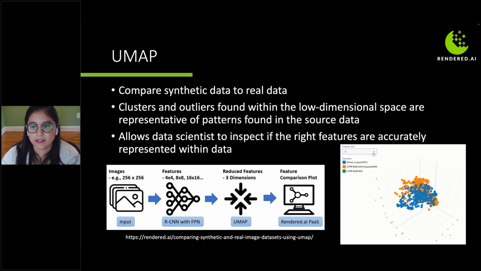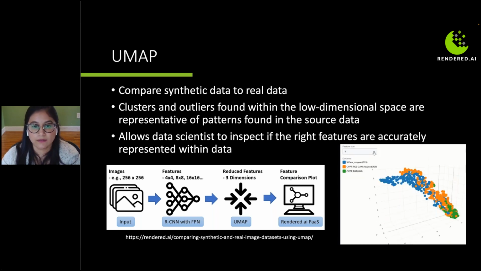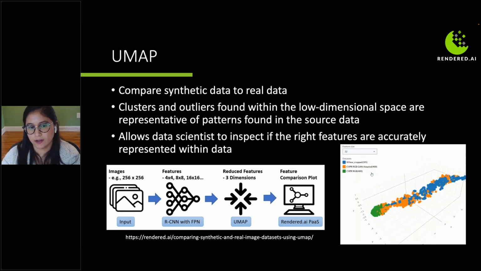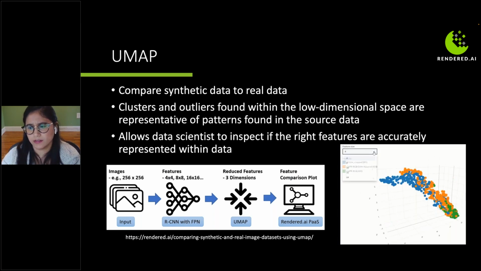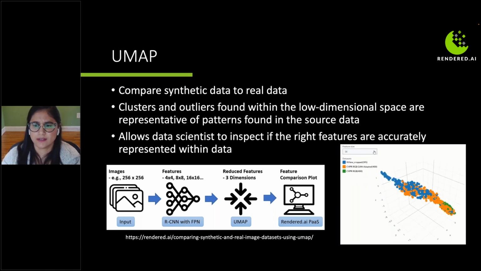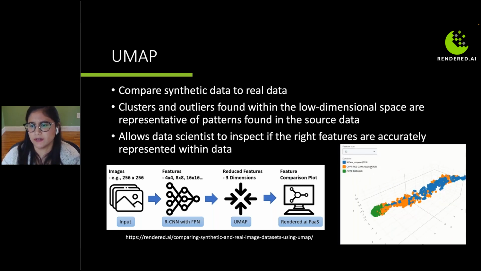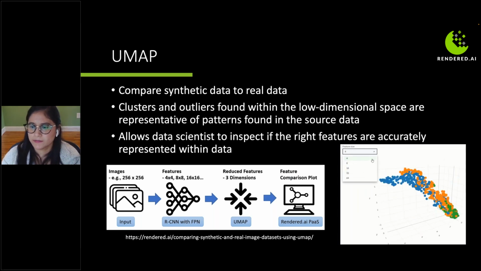So Umap identifies features on its own, and clusters and outliers found within the low dimensional space are representative of patterns found in the source data. So this allows data scientists to inspect if the right features are accurately represented within the data, and you can play around with understanding which feature sizes will lead to certain points or clusters.